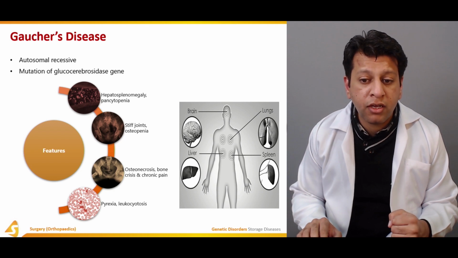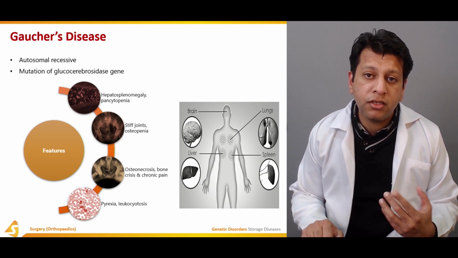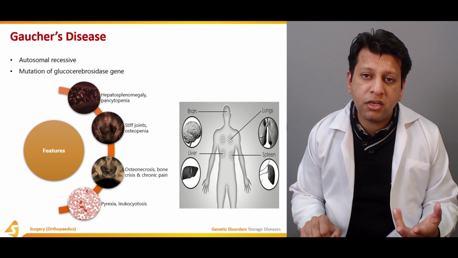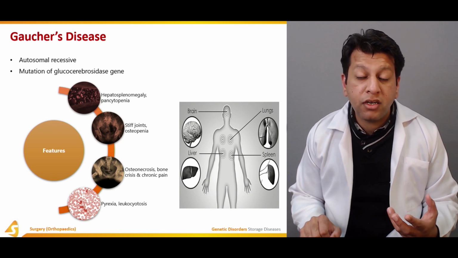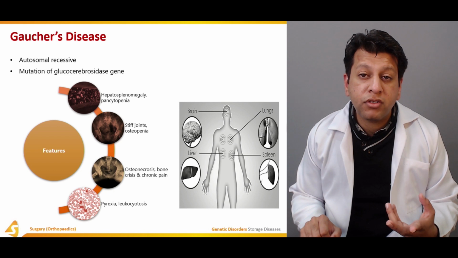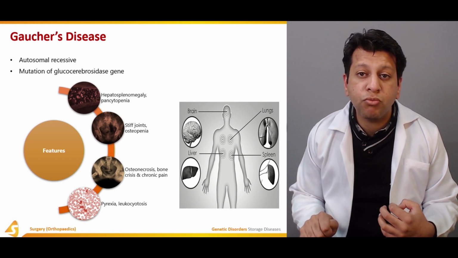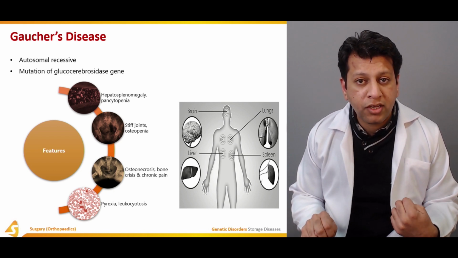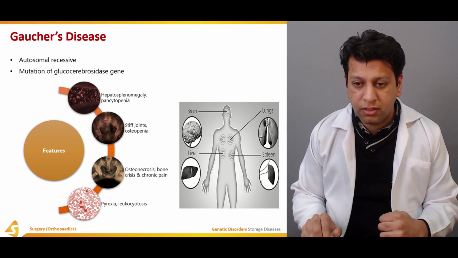Then we have pyrexia and leukocytosis. Although the leukocytes are increased in number, they are defective because they cannot carry out their function, therefore these patients are more prone to infections and have increased chances of pyrexia.